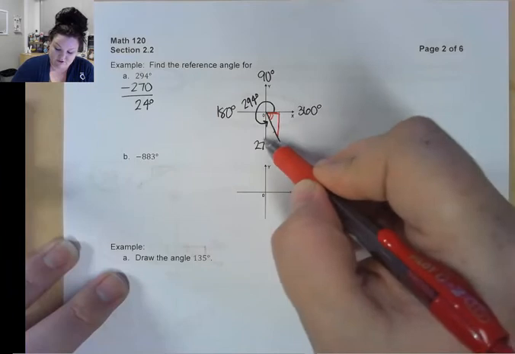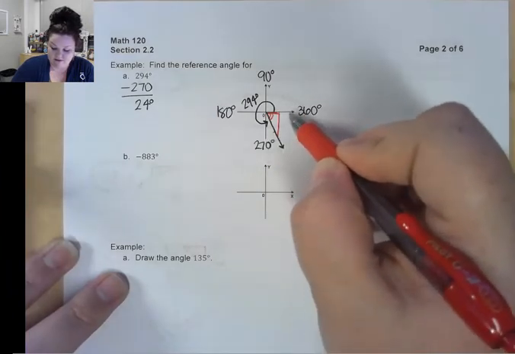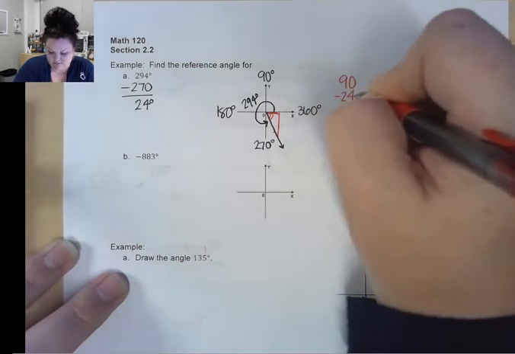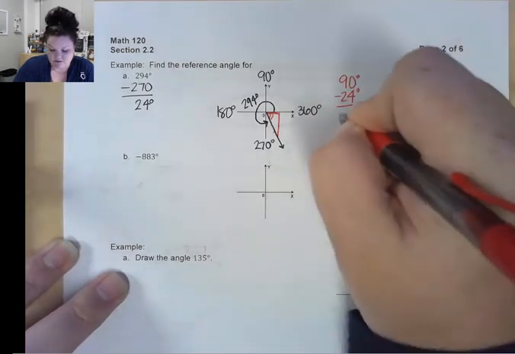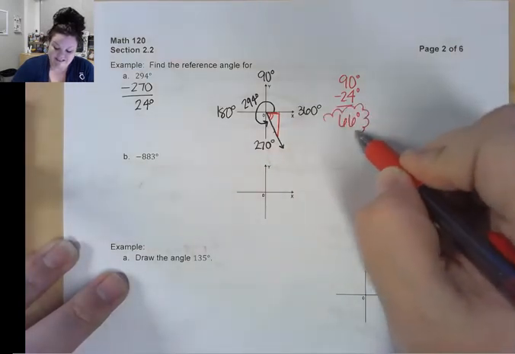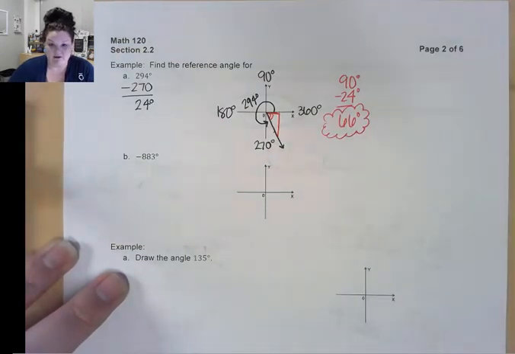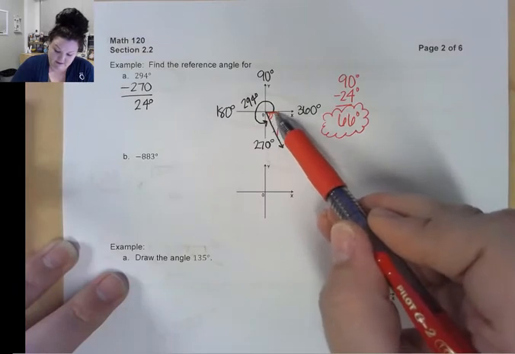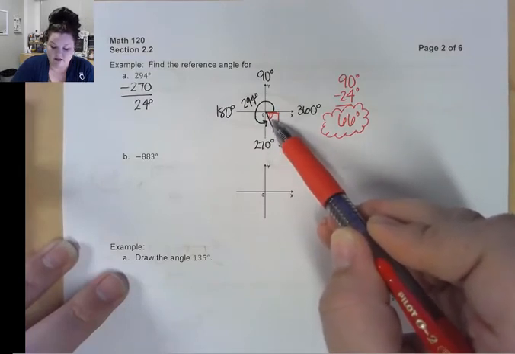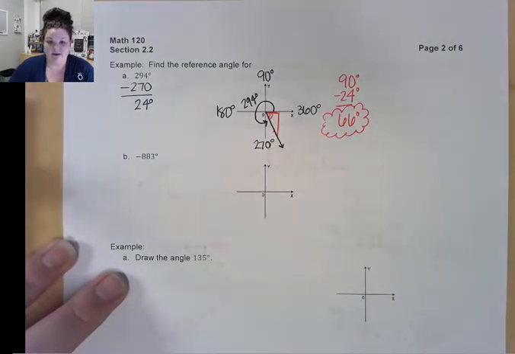Because in this quadrant, that's 90 degrees. So if I'm 24 past, I'm just going to do 90 degrees minus 24 degrees, which leaves me with 66 degrees. So this is a 66 degree reference angle, right? Because that's how many degrees take me from my terminal side up to the x-axis. Okay. All right, let's look at this next one.